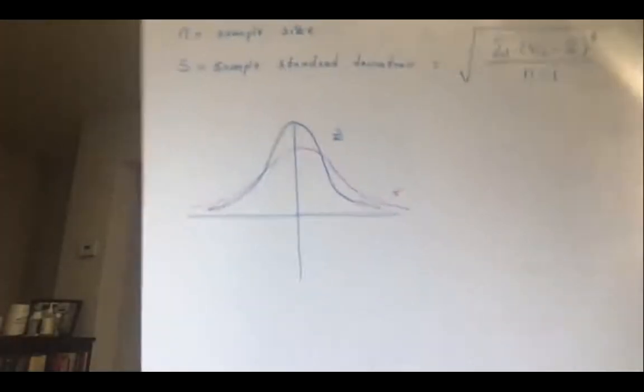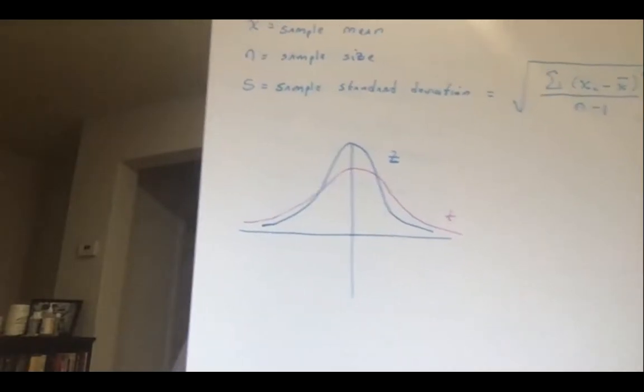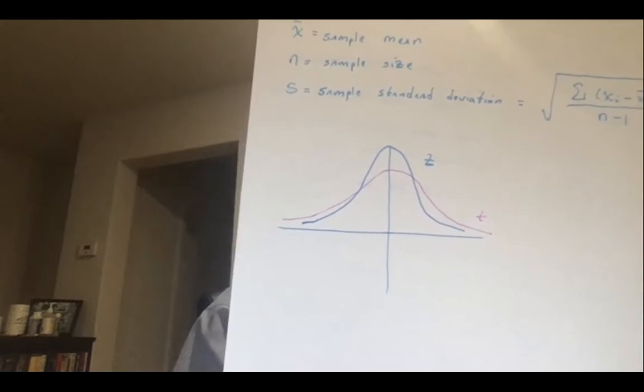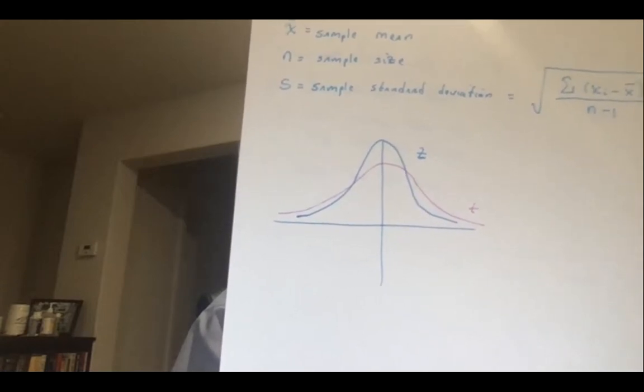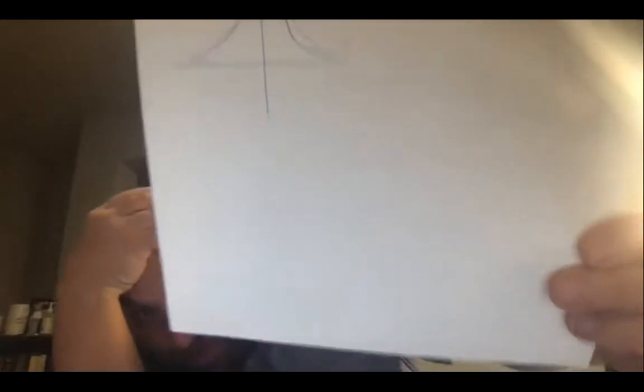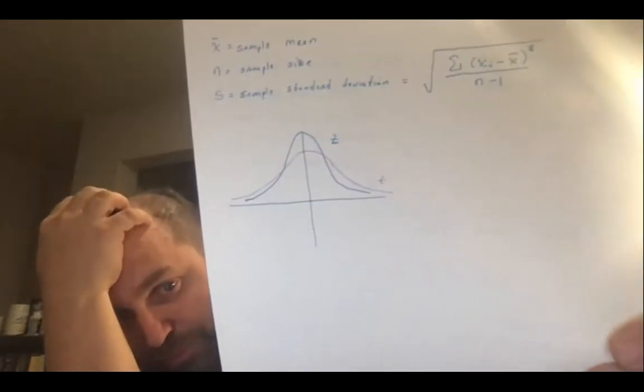So where is it? There it is. In blue is my Z, and in red is my T. And essentially what we have is just the fact that it looks kind of normalish. It's just a little flatter and a little shorter.